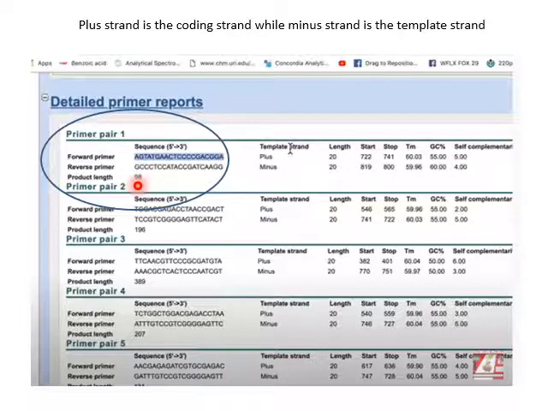The product length is 98. The plus means the coding strand, while the minus strand represents the template, and the length of the forward primer is 20 nucleotides, and the reverse primer is also 20 nucleotides. But as I mentioned, this is bad.